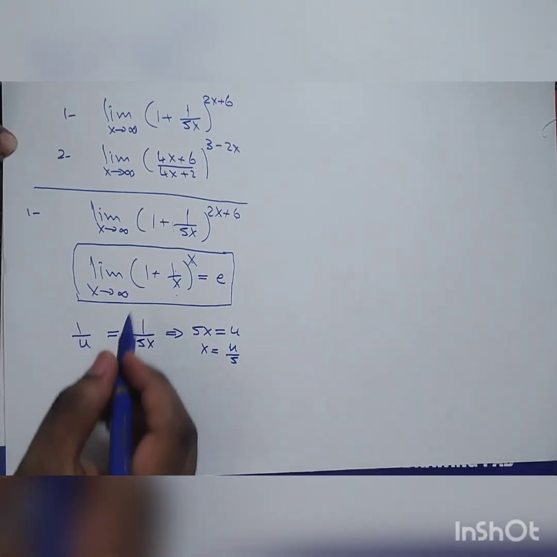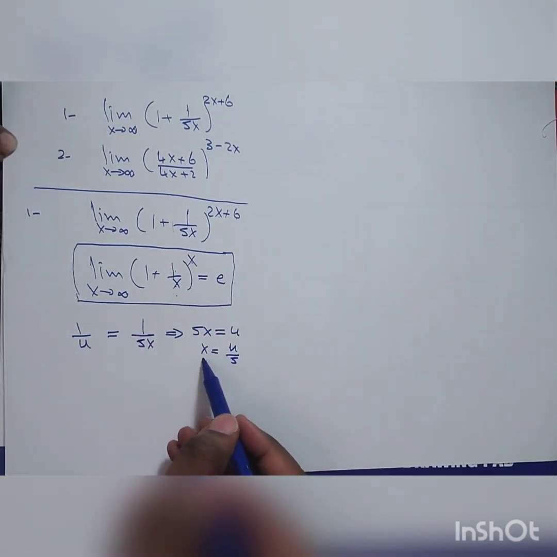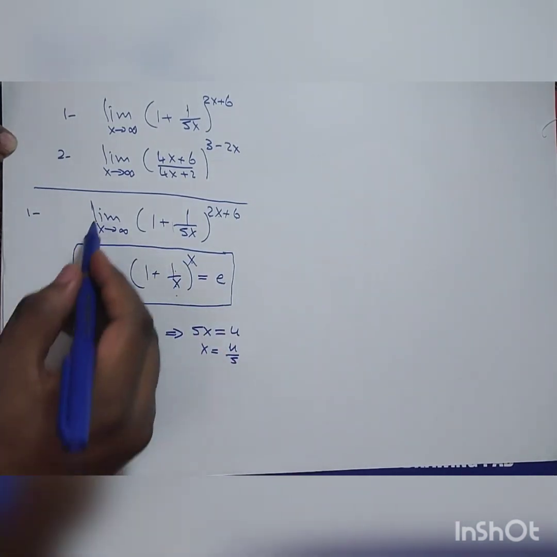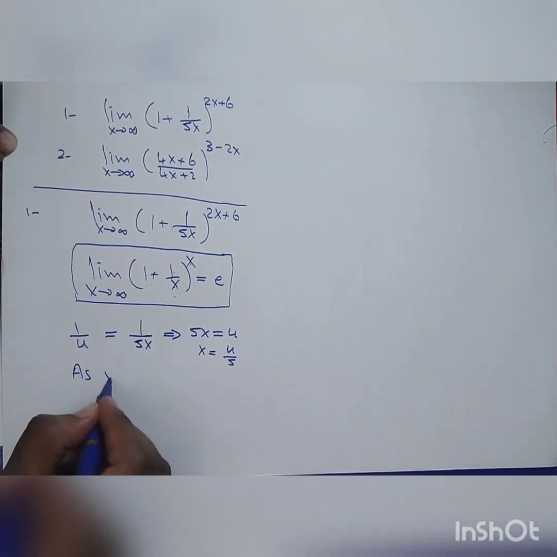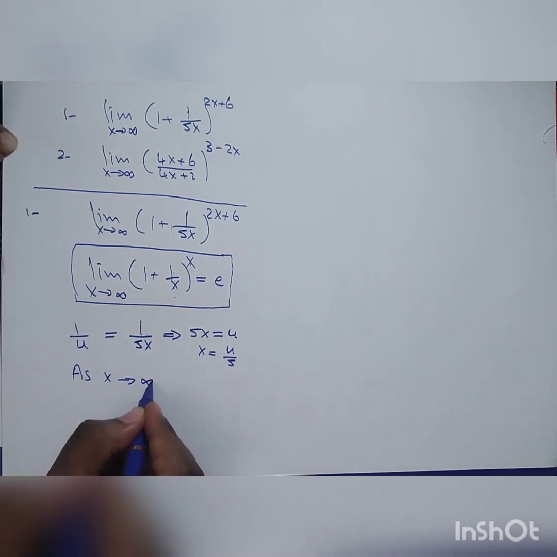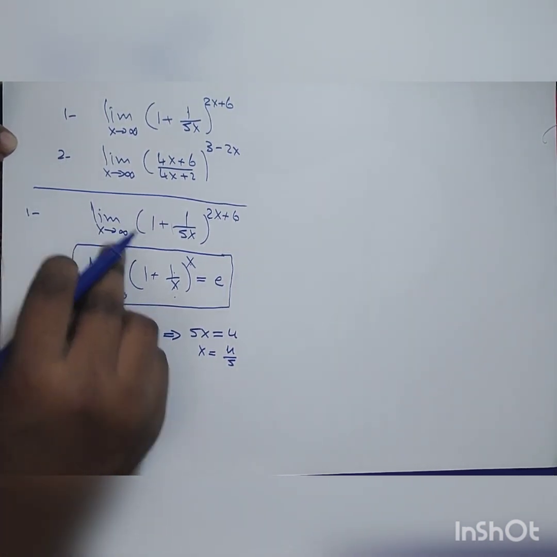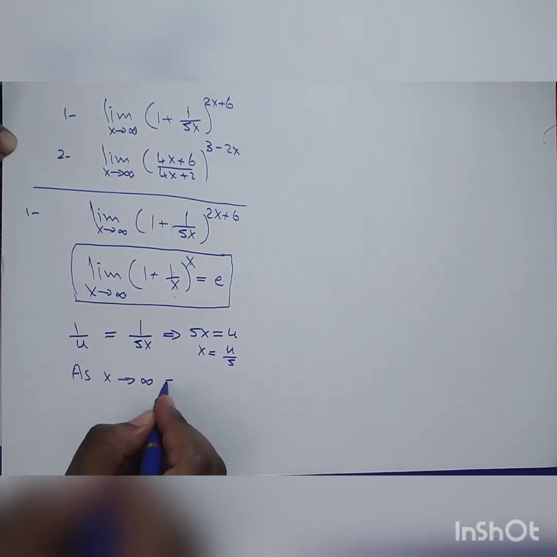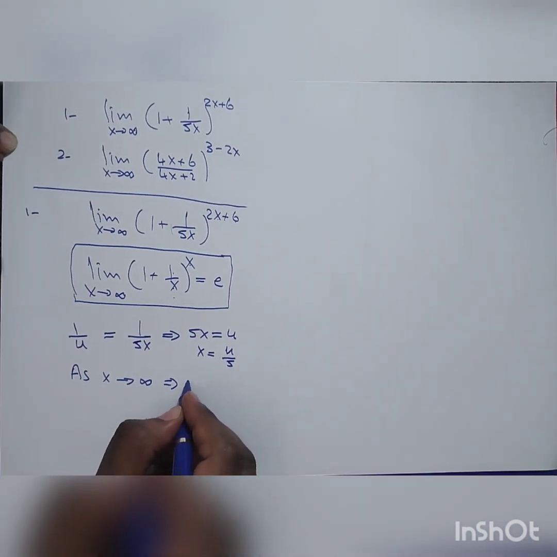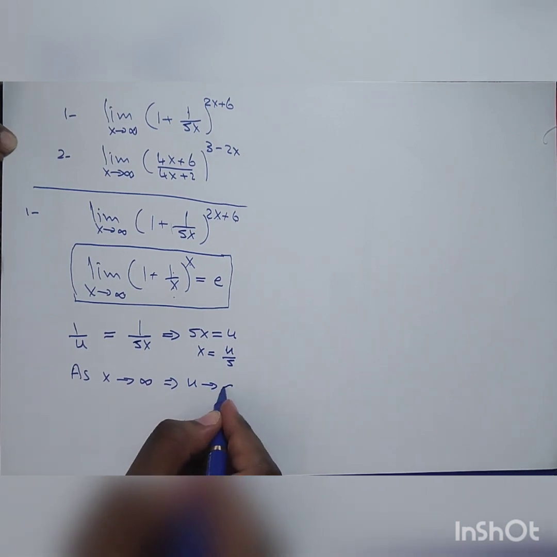Now everything here we can change. We already know x, but now we say, as x approaches infinity, that means u will also approach infinity. So then that means u will also approach infinity.